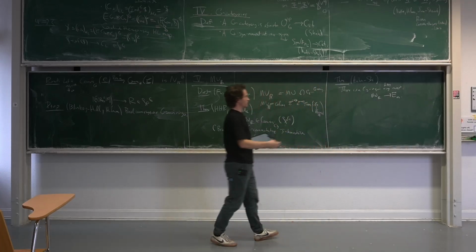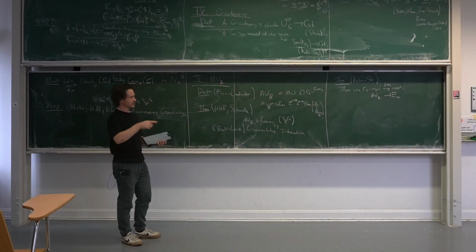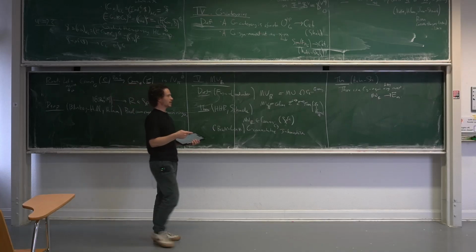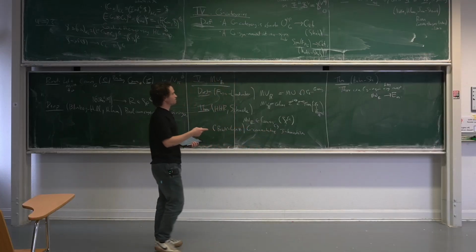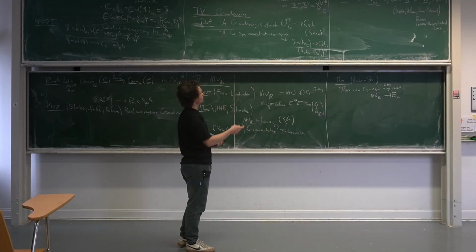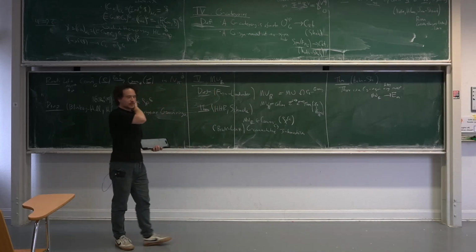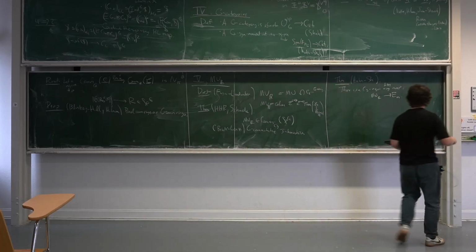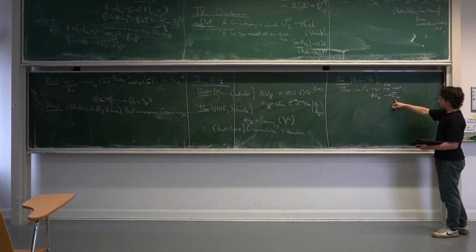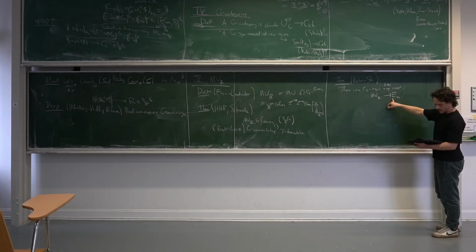So every Morava stabilizer group at the prime 2 has a C2 subgroup given by the formal inversion on the formal group. And that is the C2 subgroup of these C8 subgroups that we are interested in. In particular, this has a C2 action via that, and this map is a C2 equivariant ring map.